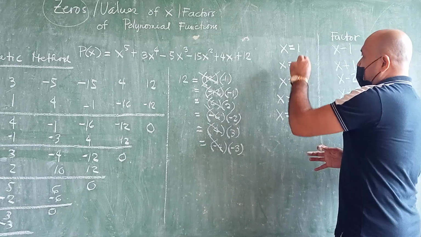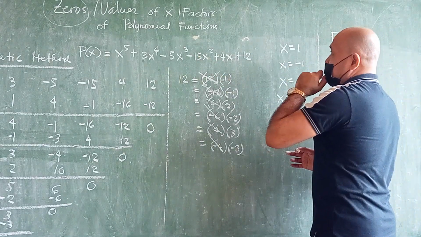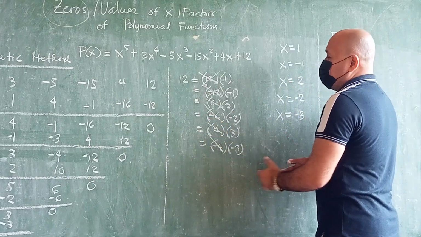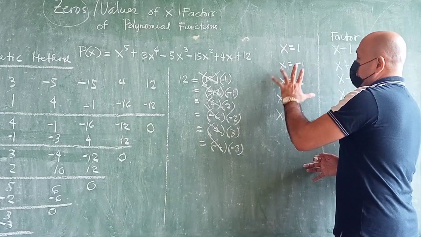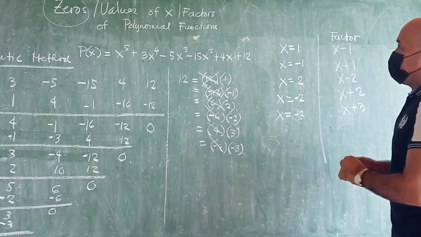Because again, when we substitute this one by one into the given function, the result, in relation to the remainder theorem, is equal to 0. That is why, aside from these being values of x, these are also zeros of that given polynomial.